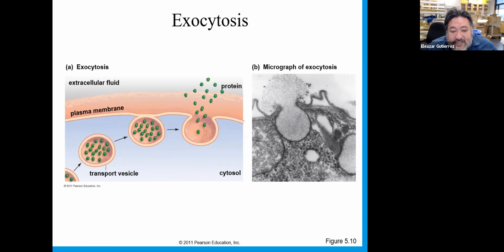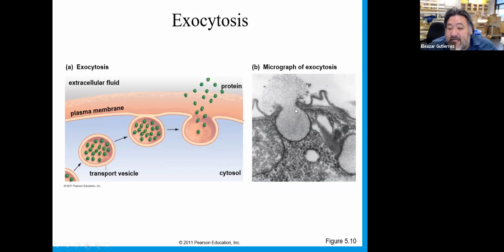This vesicle is tethered to the endoskeleton of the cell, and right here we have a microtubule running over here, and we have a motor protein on that microtubule, and that microtubule has a good handle on this transport vesicle and is moving it along, and is going to get rid of whatever this happens to be. It might be a hormone, it might be an essential protein, it might be waste, it's whatever, right?